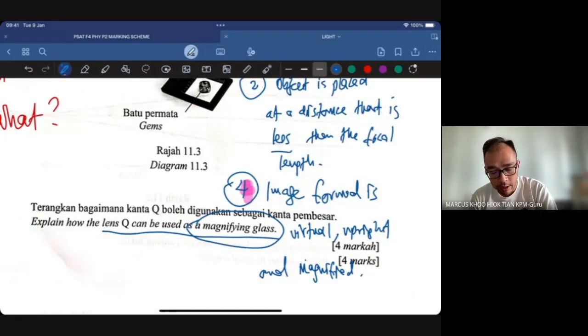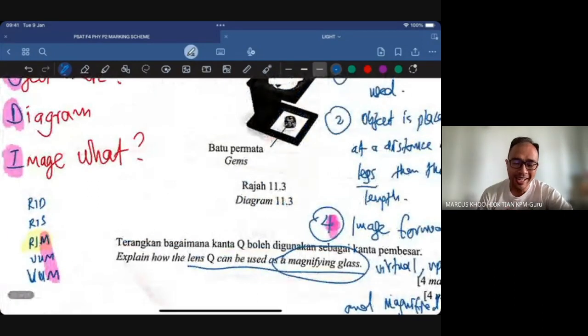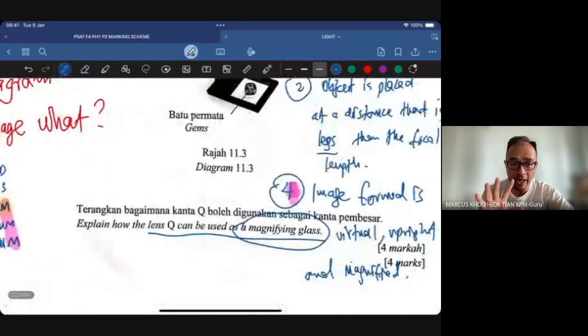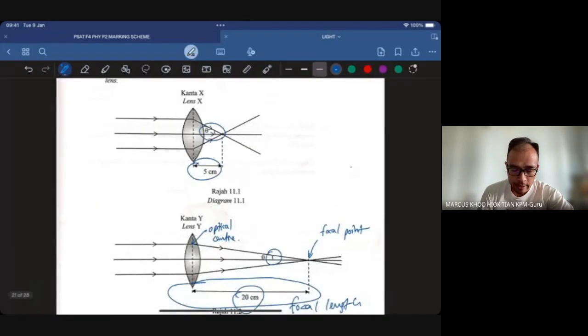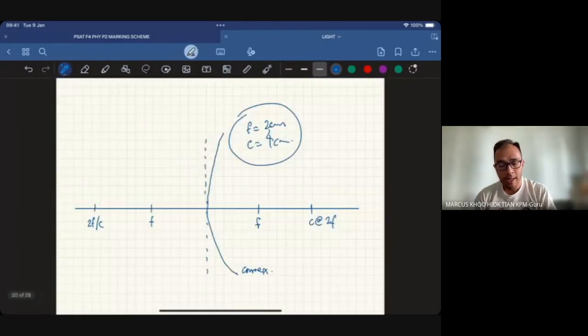Coming to Isaac's question, this is a great debate. Hold on everybody, let me go back to the drawing first. Don't worry about this. I said less than the focal point, remember that the focal length is determined from the centre over here.